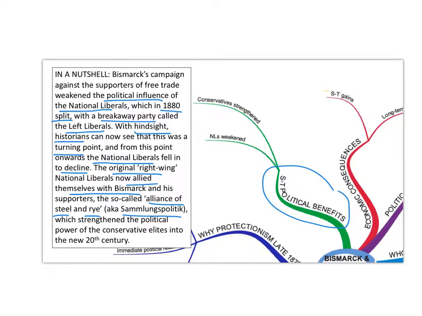Okay. Now that alliance of steel and rye, the alliance of the new elites and the old elites, the big industrialists and the German Prussian farmers, is crucial.